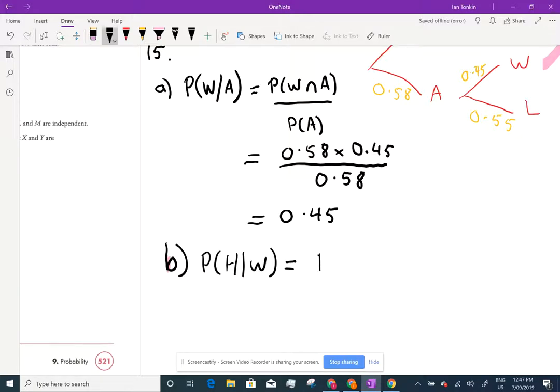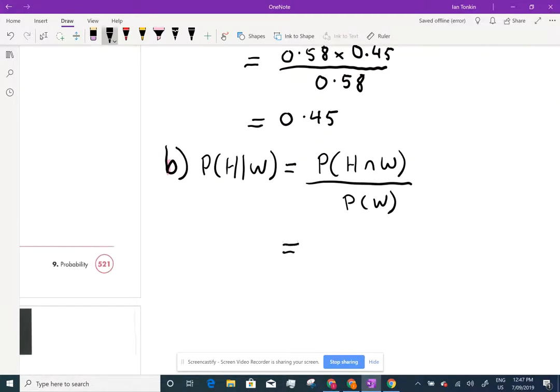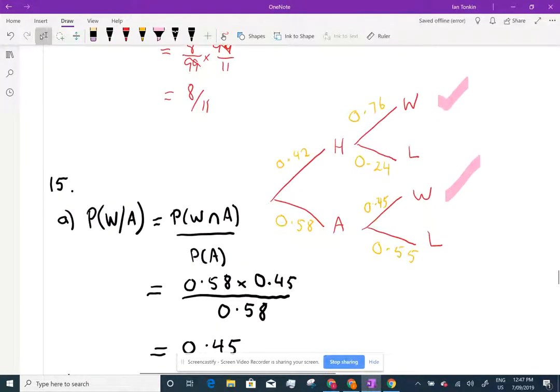Well, that's the probability that they're home and they win over the probability of winning. Now, probability of home and winning. Well, that's just this one. All right? So let's put that one in.